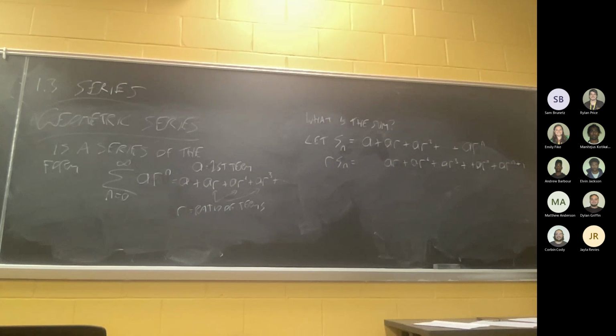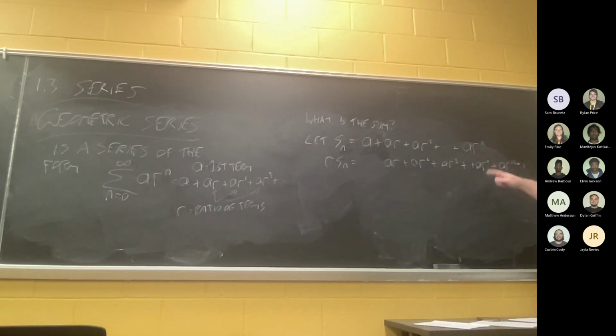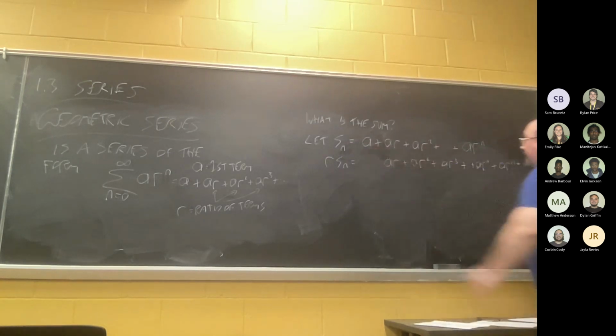It turns out that by multiplying by R, I get mostly the same numbers: AR in both, AR squared in both, everything up to AR to the n in both. With the exception of the very first number, A, it's only in the first one, and AR to the n plus 1 is only in this one.